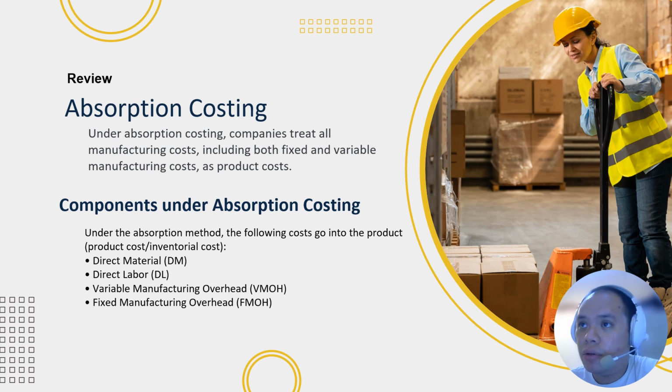So to review absorption costing: under absorption costing, companies treat all manufacturing costs, including both fixed and variable manufacturing cost, as product cost. Basically, all direct material, direct labor, and manufacturing overhead, be it fixed or variable, will be included in the computation of your product cost.